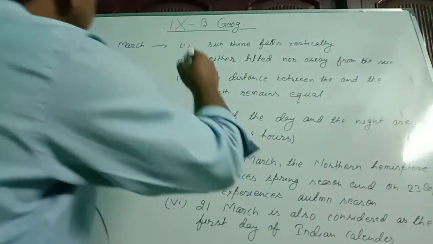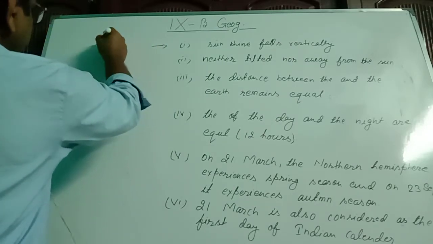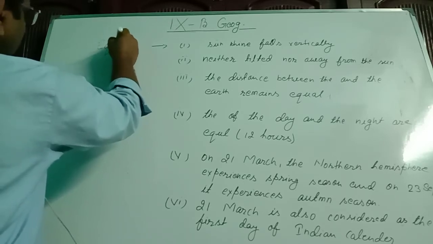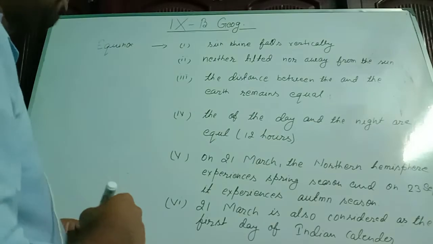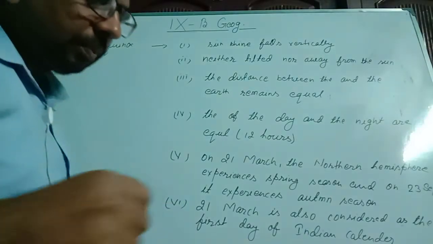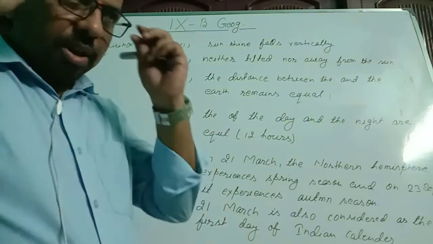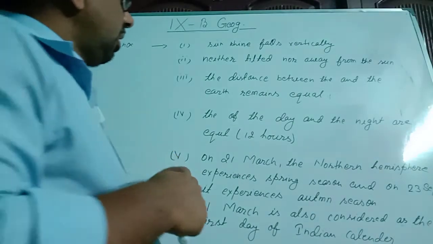So these many features are there; we don't say 21st March here, we say equinox. So it has 6 features. The first is the sunshine falls vertically on the earth.